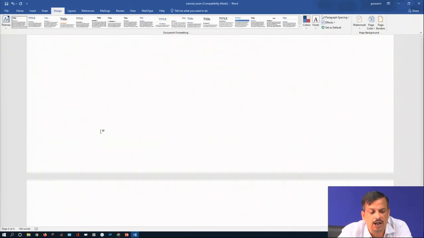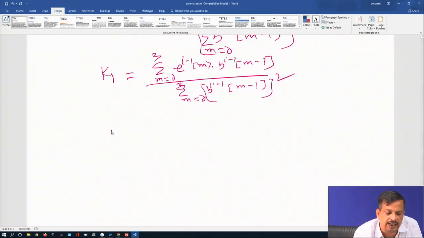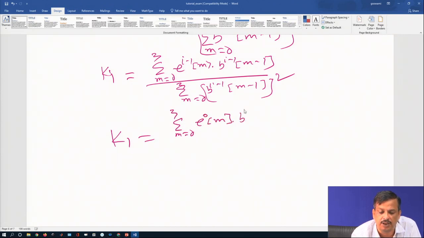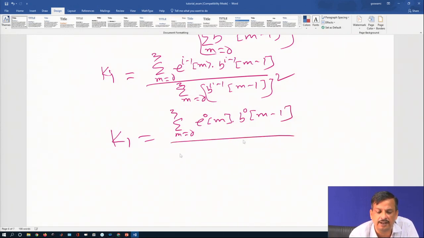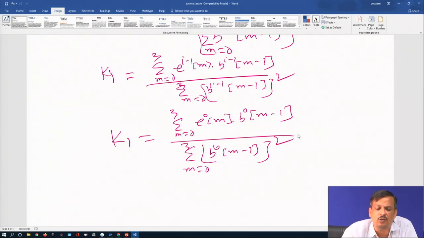Now I put i equal to 1. So k1 is equal to the sum over m equal to 0 to 3 of e_0(m) multiplied by b_0(m-1), divided by the sum over m equal to 0 to 3 of b_0(m-1) whole squared. Now, as you know, e_0(m) is equal to b_0(m), which is equal to x[n].